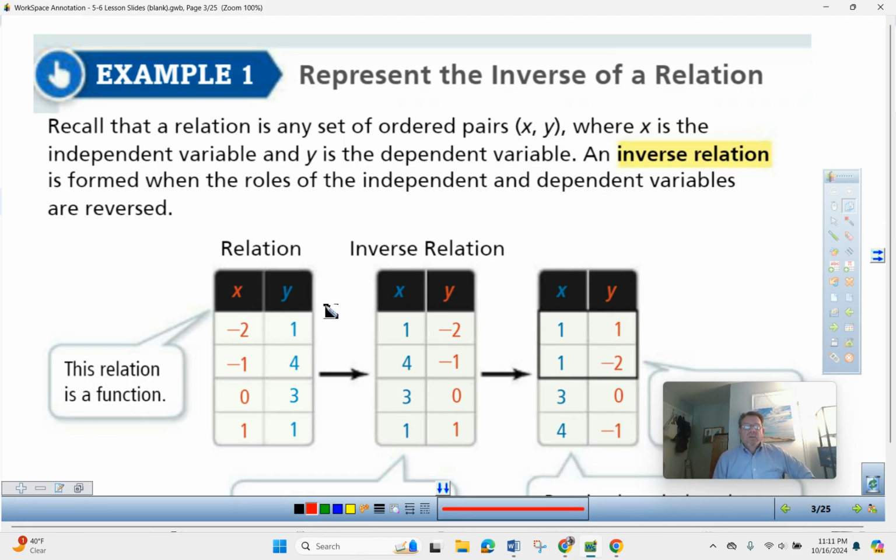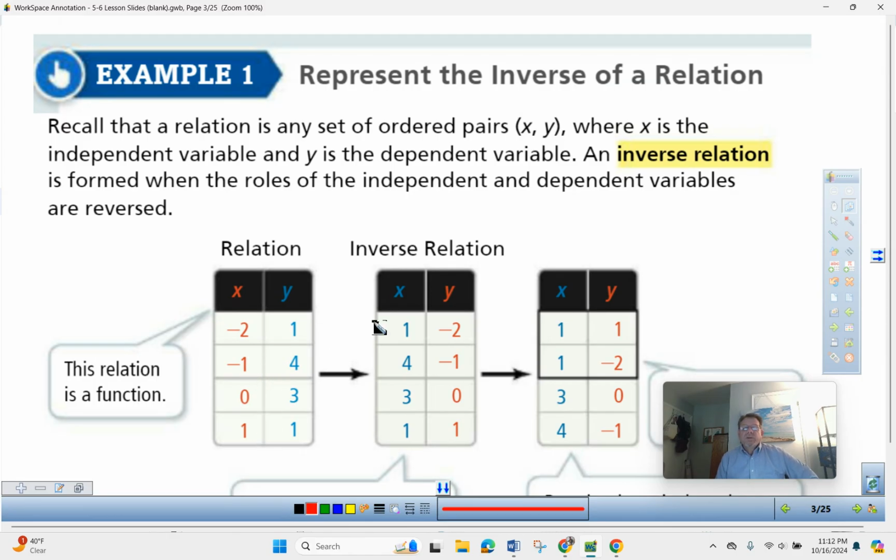All right, so let's come back over here. It says that this relation is a function. Now a function has this one-to-one relationship, but basically what we're saying here is none of the x's are repeated. We don't really care about the y's. So this is a function because all the x's get used one time.